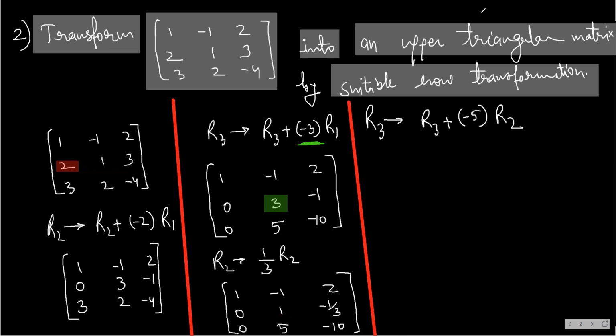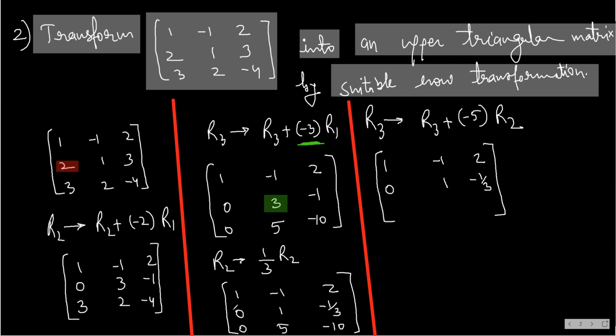So here I get R3 changes to R3 plus minus 5 R2. R1 changes? No. 1 minus 1, 2. R2 changes? No. 0, 1 minus 1 by 3. Will R3 change? Yes. How? You are multiplying minus 5 to the elements of R2.